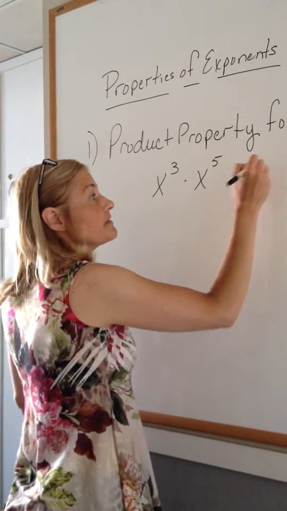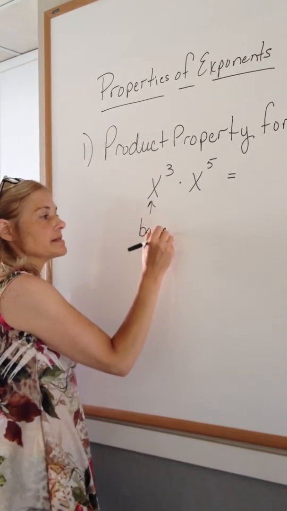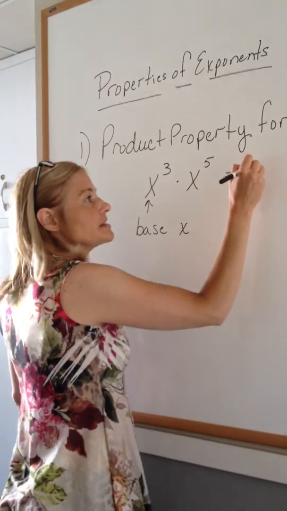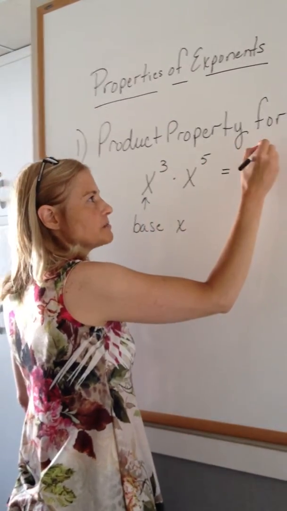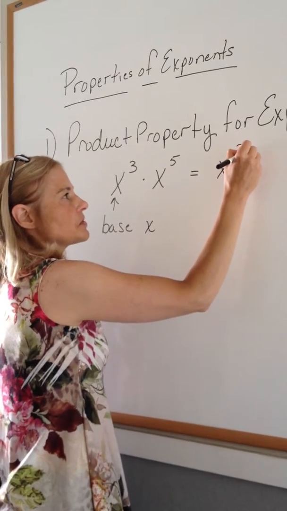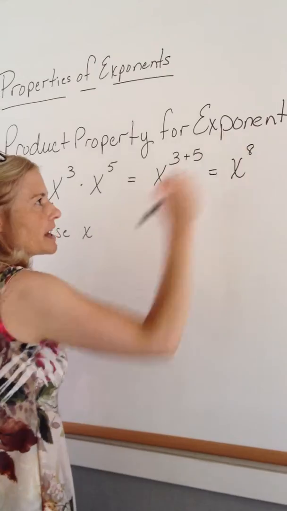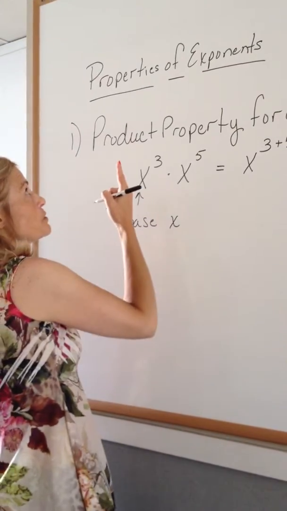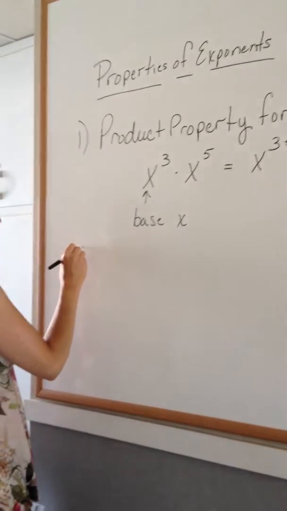Well, you are going to leave the base, and in this case the base is the x, the same. So you keep the base the same, and then you add the exponents together. So it's 3 plus 5, or x raised to the 8th power. So there's your first property. That's the product property for exponents.